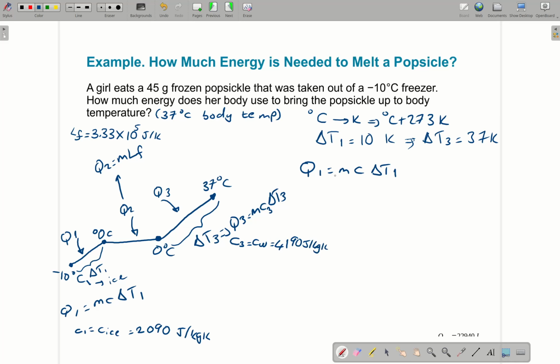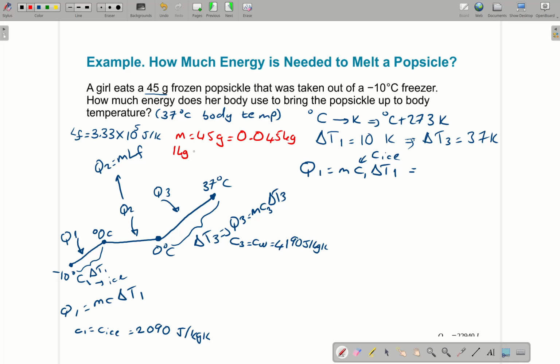Now I have all my values. Here, again, I'm going to put C1 for ice, delta T1, 10 Kelvin. Find this guy. How much was the mass? 45 gram, not kilogram. We forgot about that. Mass is equal to 45 grams. Convert to kilogram directly, divide by 1,000. We all use SI units, remember.